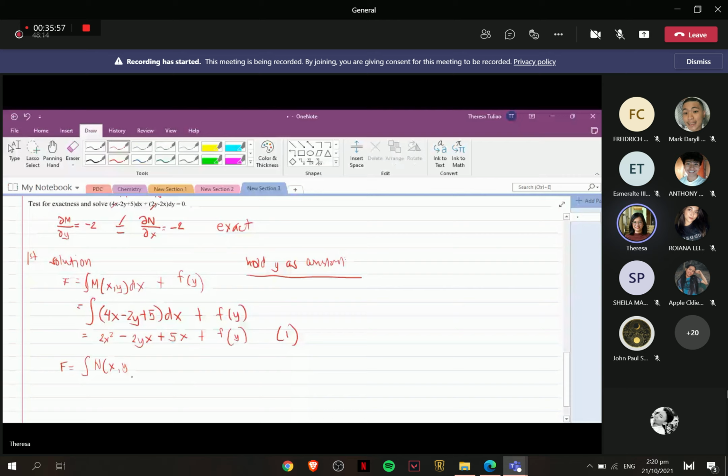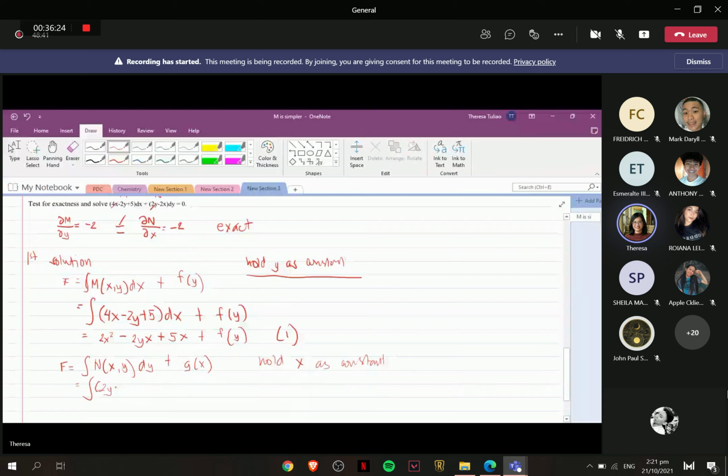Okay? So, this time, we hold x as constant. Dito sa pag-i-integrate natin dito. Okay? So, what is our N? N is quantity 2y minus 2x, dy plus g of x.